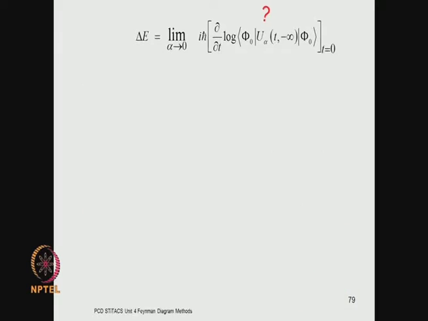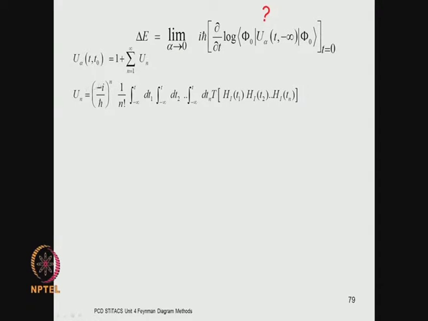So, let me quickly recapitulate some of those expressions here. So, this is the time evolution operator and we are inquiring what it is. So, we have earlier expressed it as an infinite series, okay, from n equal to 0 to infinity.